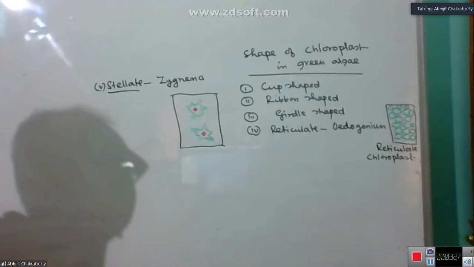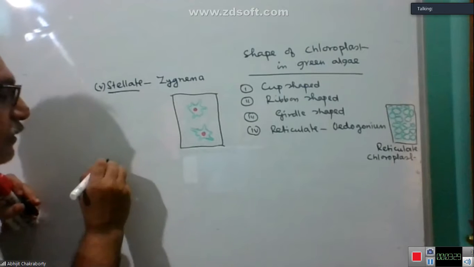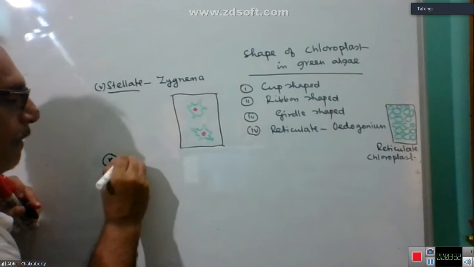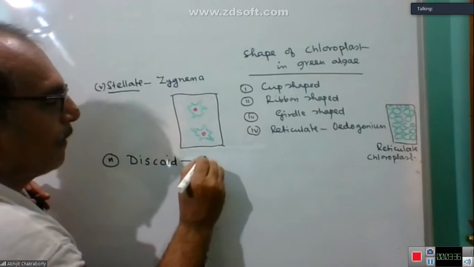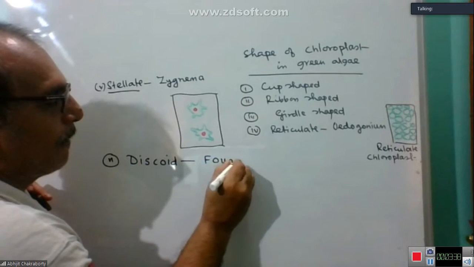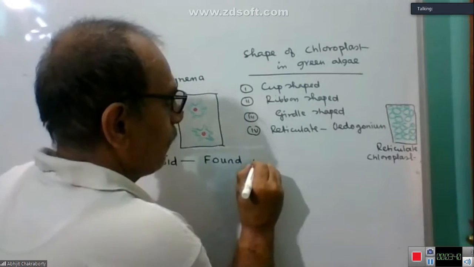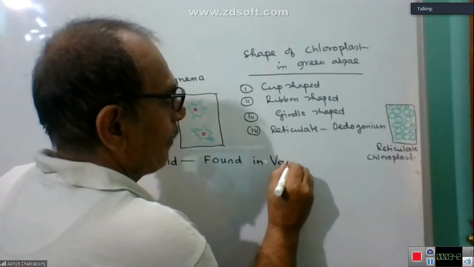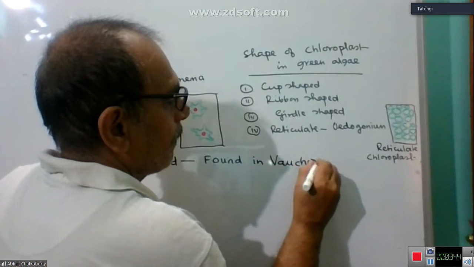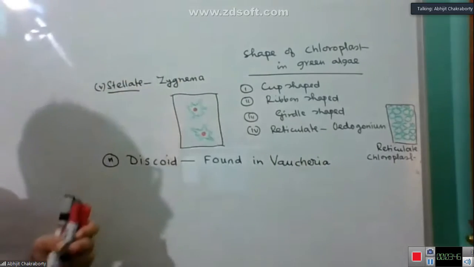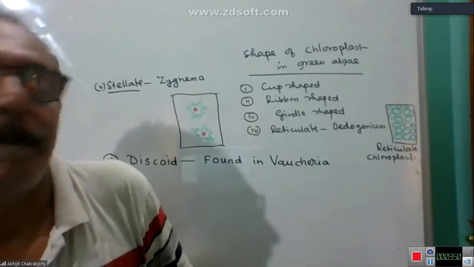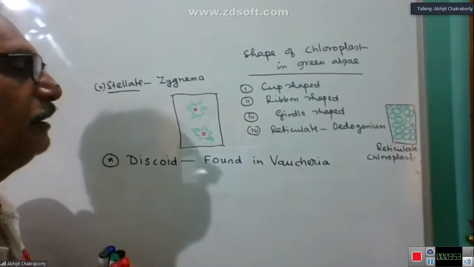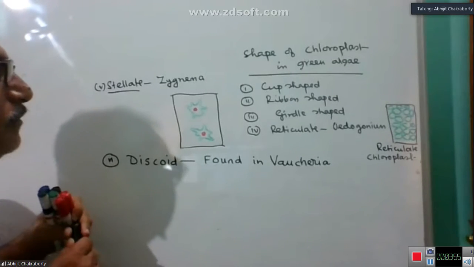Next one, discoid, found in Vaucheria. Discoid found in Vaucheria.